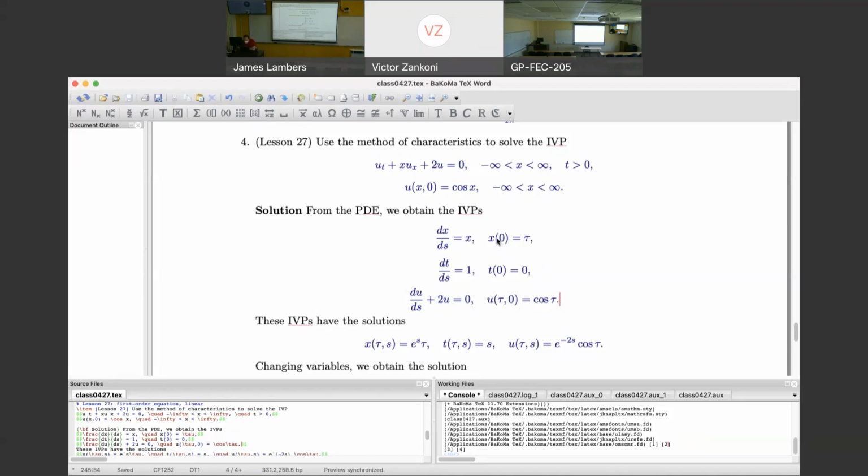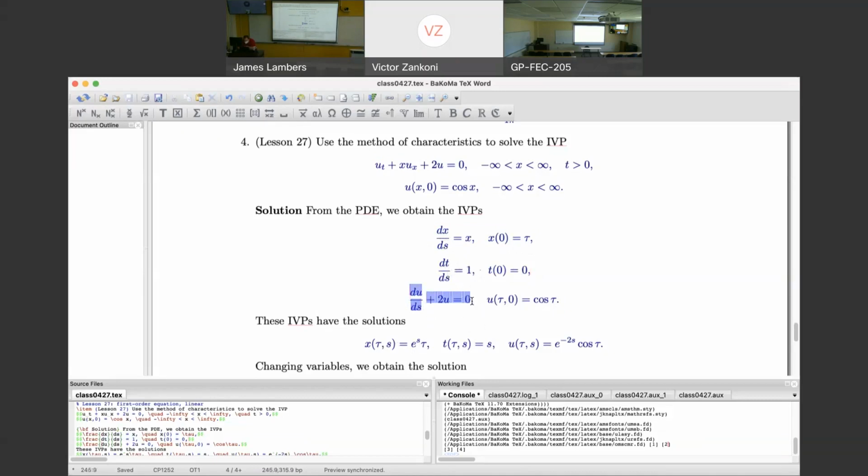When it's a linear PDE like this one, you can solve these first. Here, x is equal to its own derivative, so the solution is e to the s times a constant. The constant is the initial value, tau. t turned out to be just equal to s.